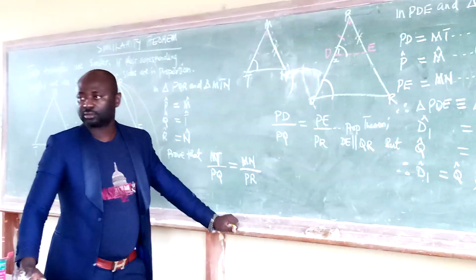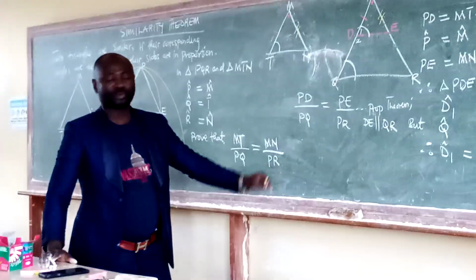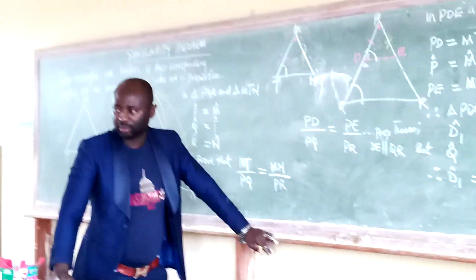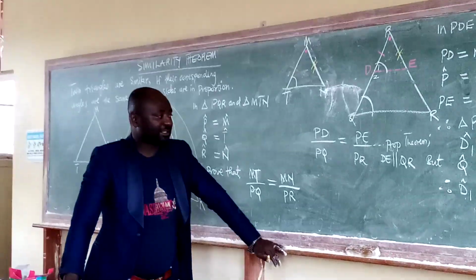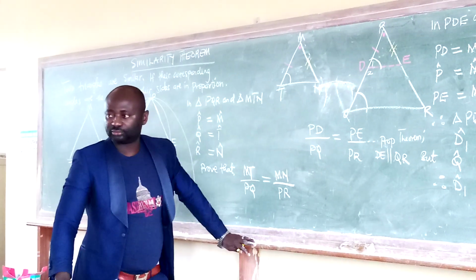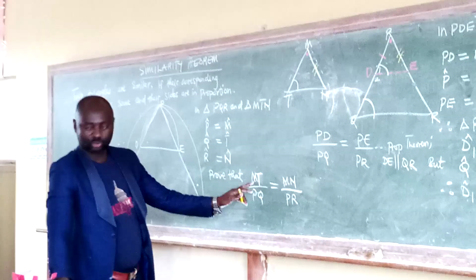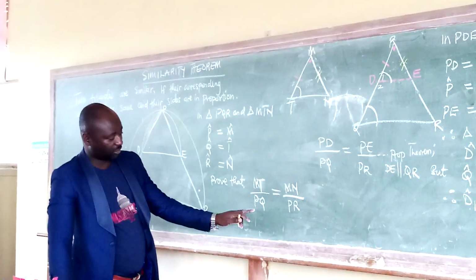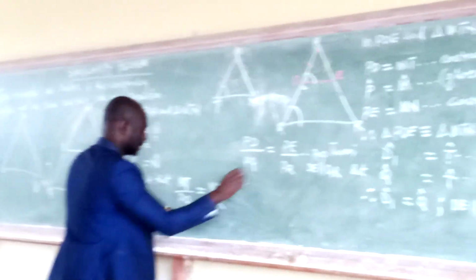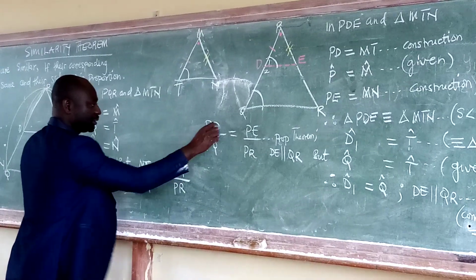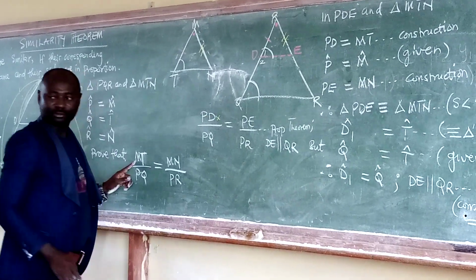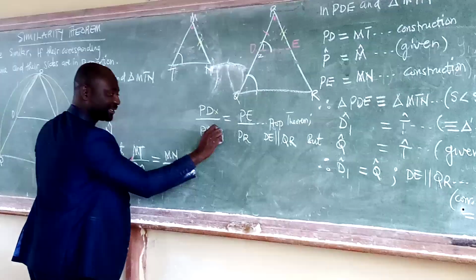It's the same thing. So you have managed to prove proportionality here. But you ask yourself, is this what the examiner wants you to prove? No. The examiner wants you to prove MT over PQ.